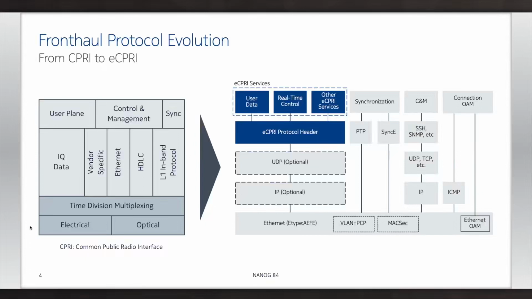It could be used with electrical as well, but it is mostly used with optical. And it's a constant bit rate, because you're getting every single antenna sample, every single radio sample, and sending that through a digital interface. It is a constant bit rate, so it doesn't matter if you have many users connected to the radio or no users at all connected to the radio, you're always going to have that same bandwidth.